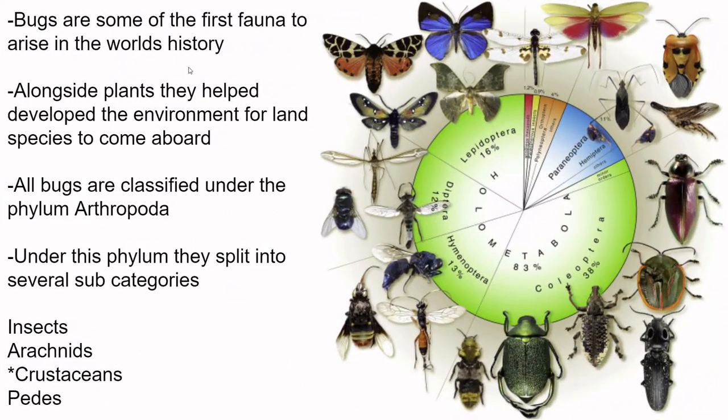So, okay, bugs were some of the first creatures to start going to land from the water, as we know with evolution. And alongside plants, they helped develop the environment for the land species to come aboard.